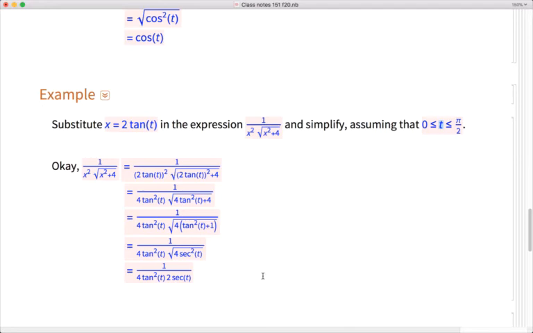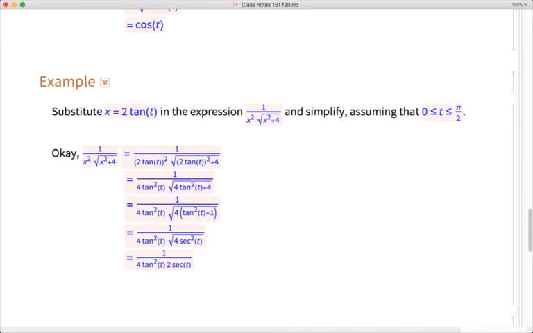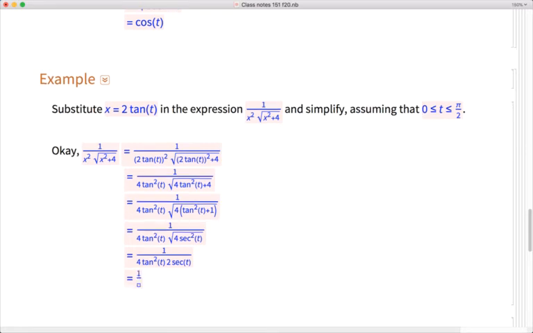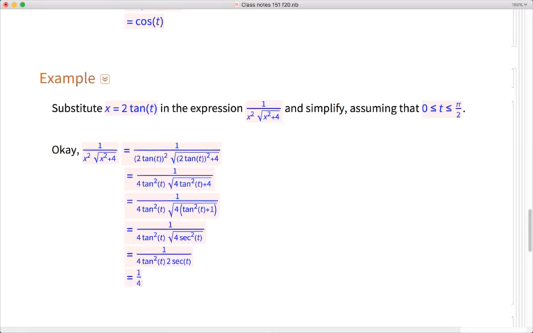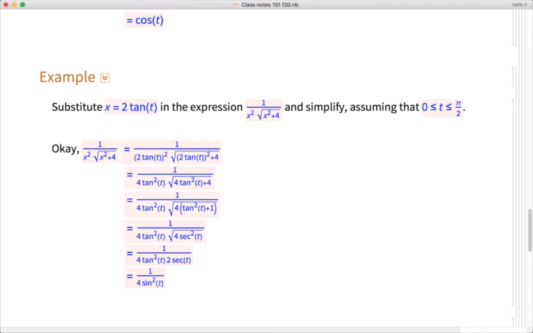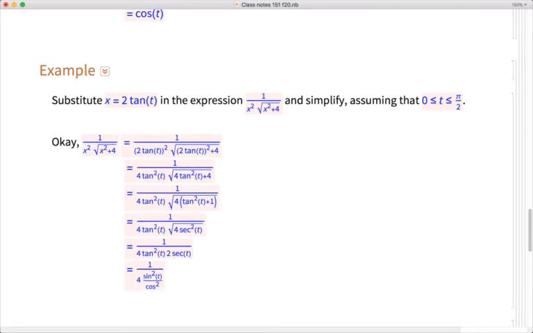Okay, I guess there probably is a little bit more that we could do here if we switch to, I don't know what to do now. I would probably just switch to tangents, sines and cosines at this point. So this is 4 downstairs. This is sine squared t over cosine squared.